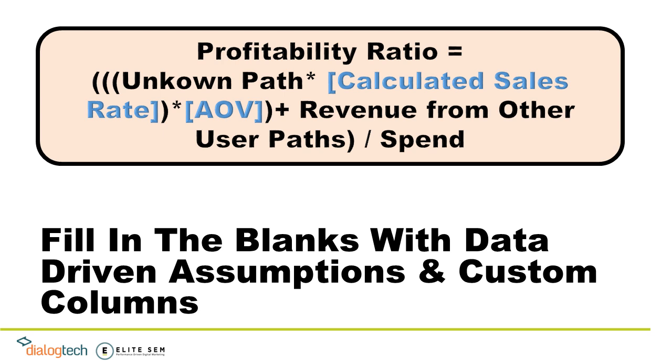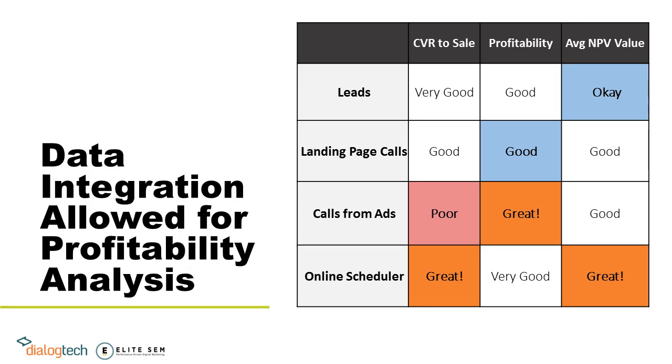And we said, okay, we believe that the people that behave in this way on average convert to sale in this amount. And then we believe that the average sale that is converted brings in this much revenue. And then we were able to create a profitability ratio in places where we didn't have perfect data. And that's really important because it helps us compare apples to apples, all of the different paths someone takes to interact with our company.